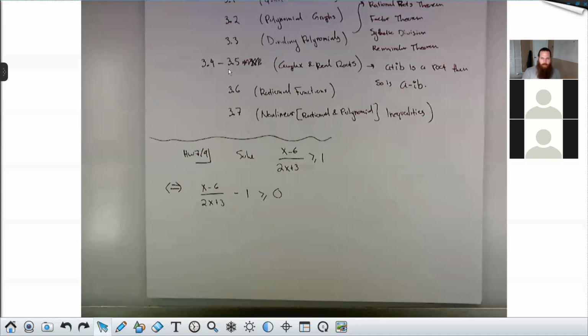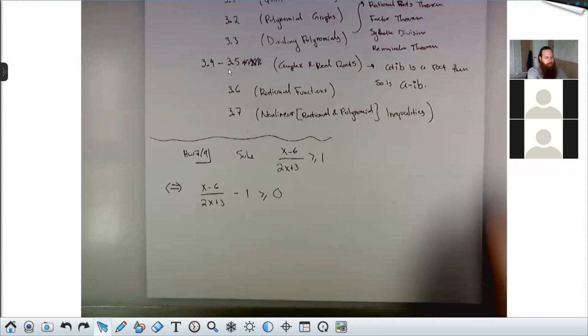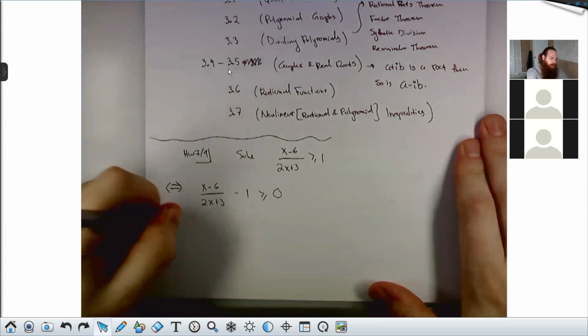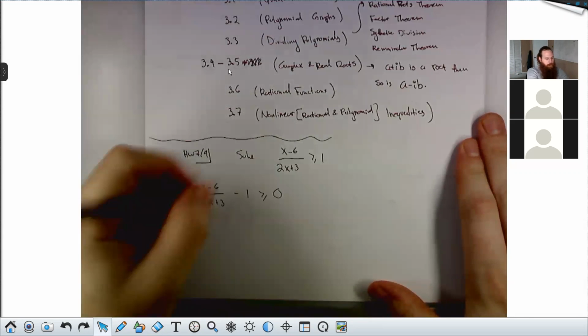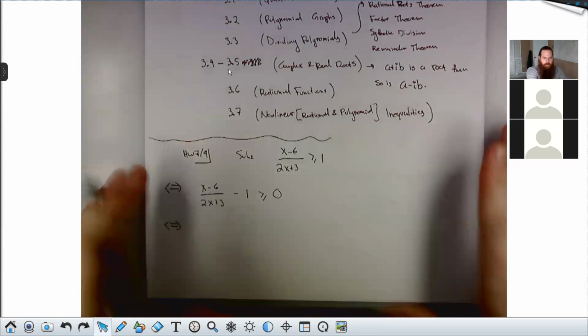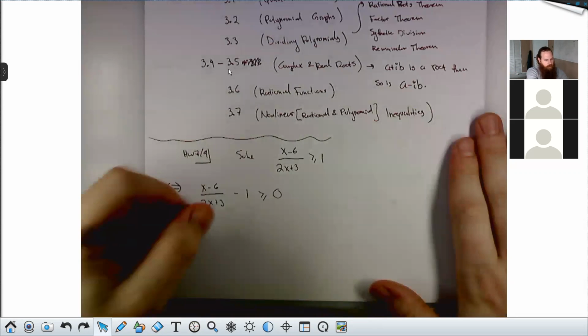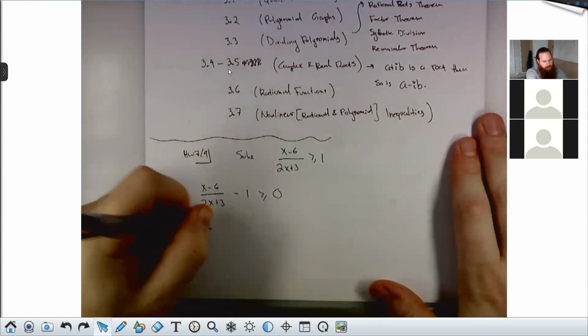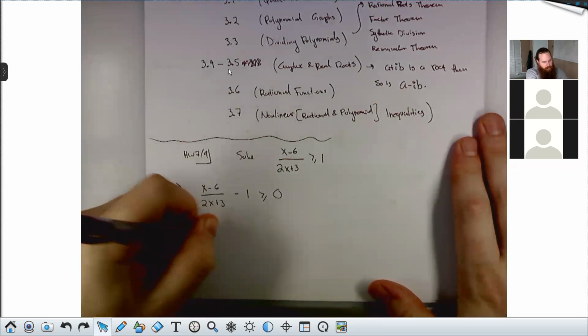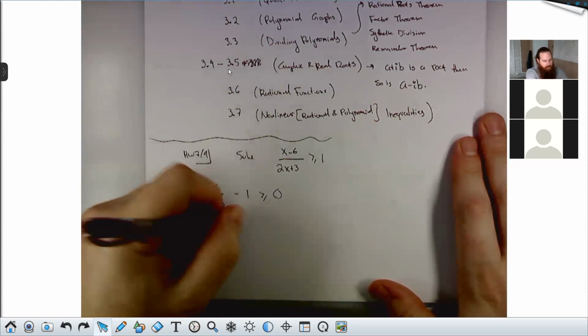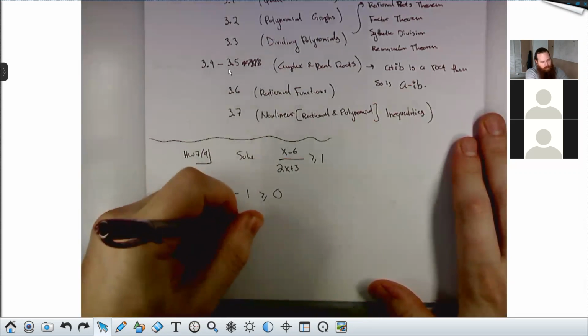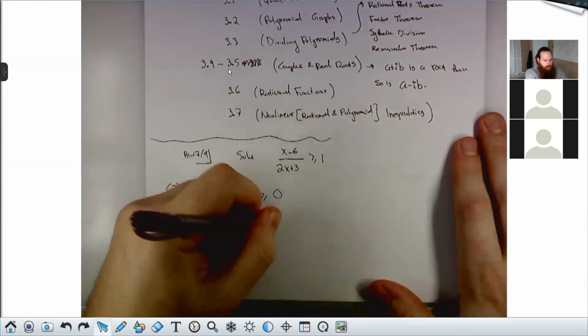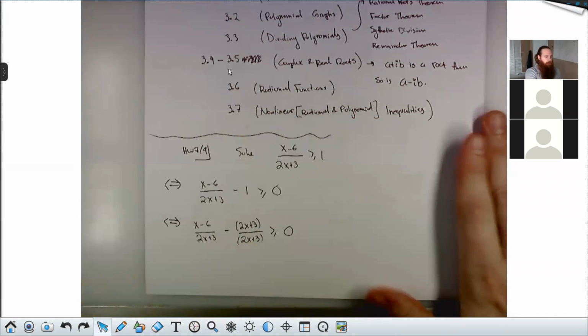Good, common denominator. We got to write everything as one big lump and then factor top and bottom. This is true for all nonlinear inequalities. Pull everything to one side, write as a single chunk, then factor everything. So this is going to be x minus 6 over 2x plus 3 minus 2x plus 3 over 2x plus 3 is greater than or equal to 0.